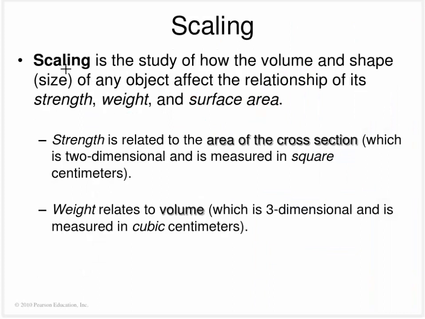Now the last concept I want to cover is that of scaling, and really what we're taking a look at is the strength to weight ratio, so an S to W if you will. It turns out that strength is going to depend on the cross-sectional area, and weight is going to depend on the volume.